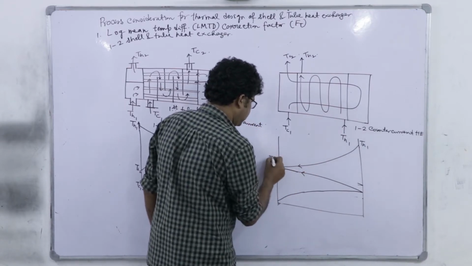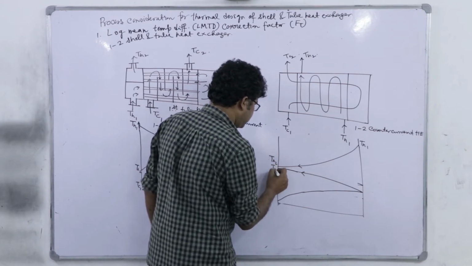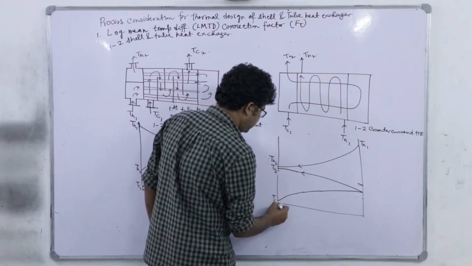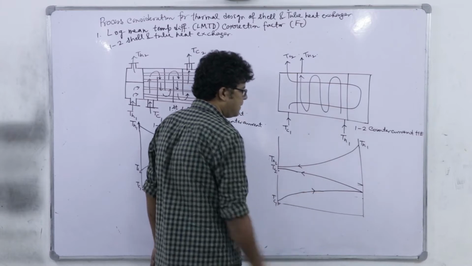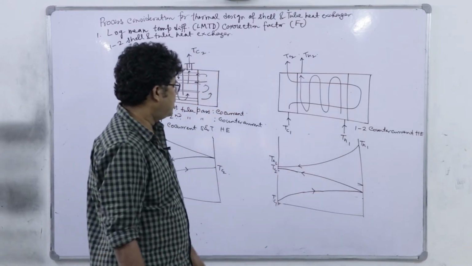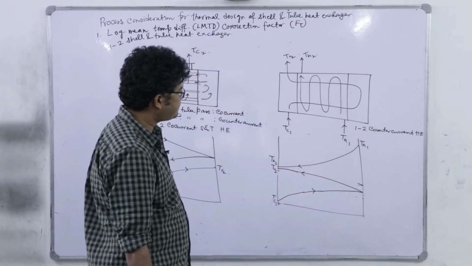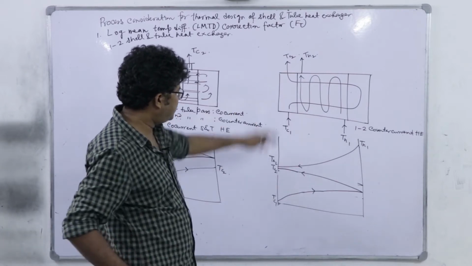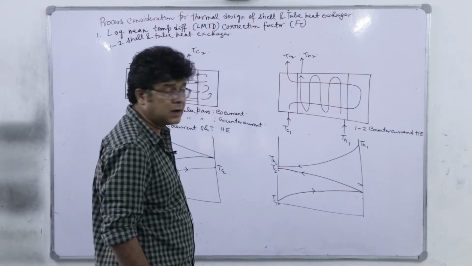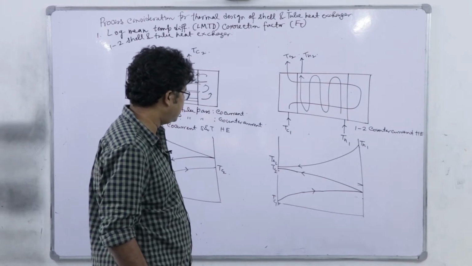So, this is TH2, this is TC2, this is TC1, right. So, that is the typical 1-2 counter current shell and tube heat exchanger.